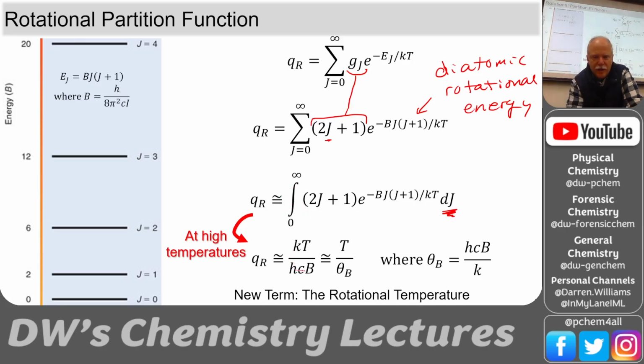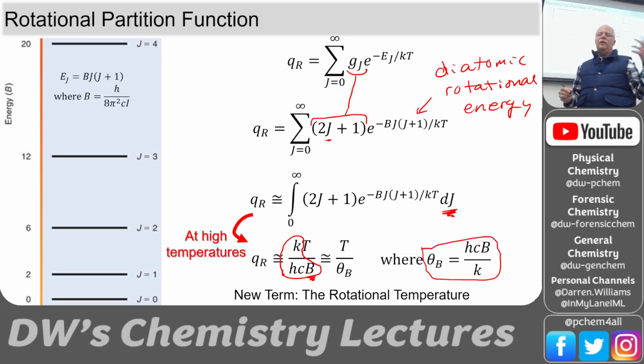It's kT over hcB. This B is that rotational constant. If we put all of this piece right here together, because that's a constant for the molecule, then we call that the rotational temperature. So we have the rotational constant. If we convert that over to Kelvin, then it's called a rotational temperature.